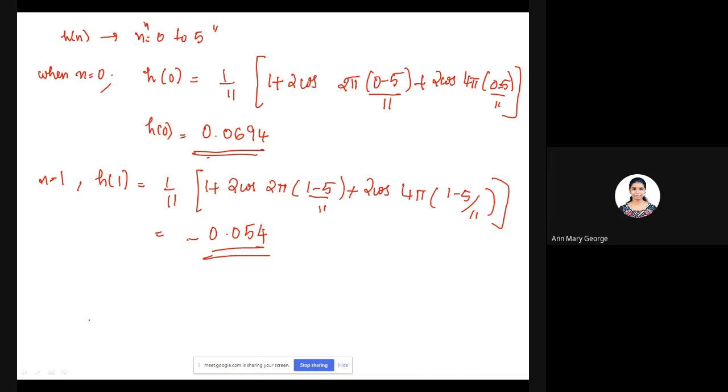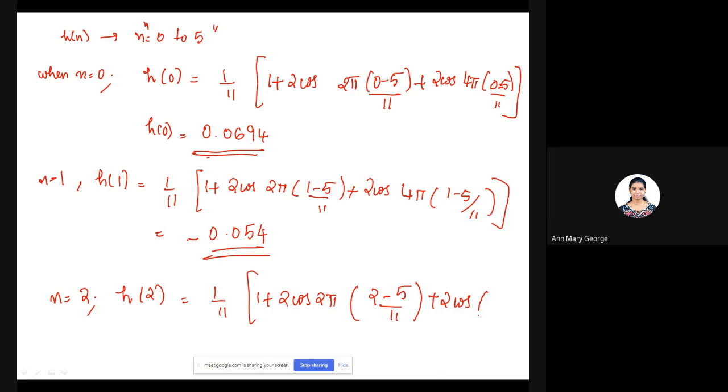Similarly, n equal to 2, h of 2 will be equal to 1 by 11, 1 plus 2 cos 2 pi into 2 minus 5 by 11 plus 2 cos 4 pi 2 minus 5 by 11. What will be the value of h of 2 here?